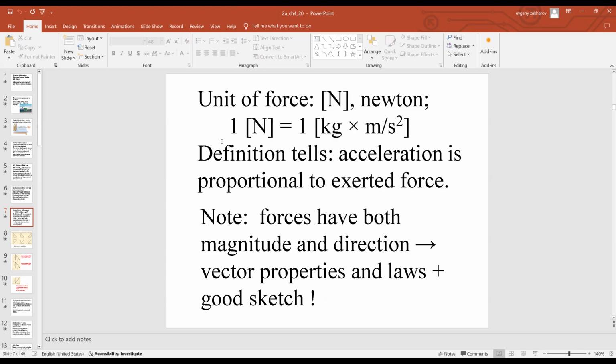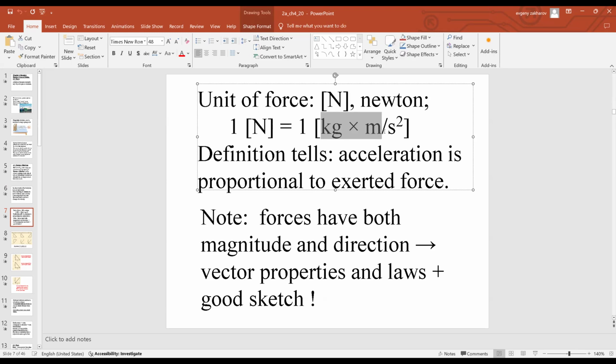So units are newtons. Newton is kilograms multiplied by meters, divided by second, and by second again. And just by looking at the dimensions, you can say that force is mass times acceleration. This is the second Newton's law right there in your dimensional analysis.